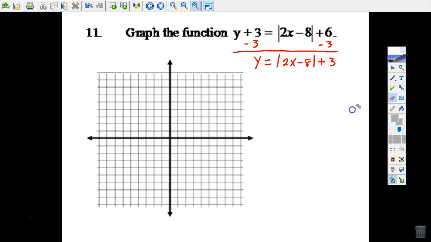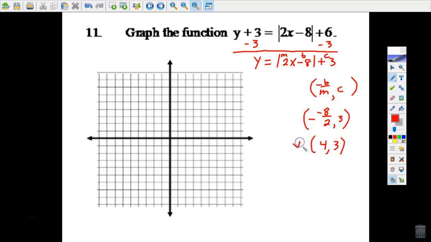So when you're not dealing with the parent function, you've got to rely on this formula to find the vertex. Okay, M, B, and C. So it literally says the opposite of negative 8 over 2 will be the x coordinate, and whatever C is will be the y. Well, the opposite of negative 4 is positive 4.